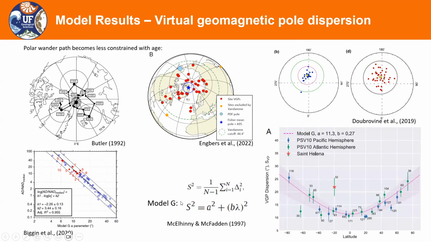And this has been described with model G, which is just a simple quadratic fit with the two parameters A and B, where A just gives an estimate for the average dispersion of VGPs at the equator, and B describes the change with latitude. B is usually very unconstrained, but A is important for us because it can be used as a proxy for axial dipole dominance of the dynamo, which has been shown in Biggin et al. 2020.